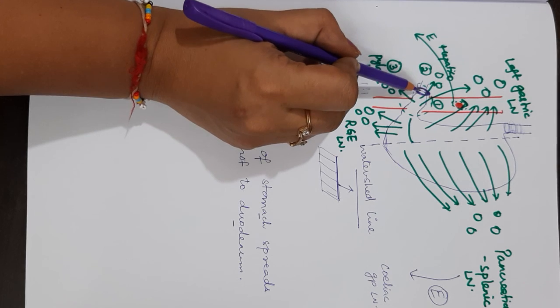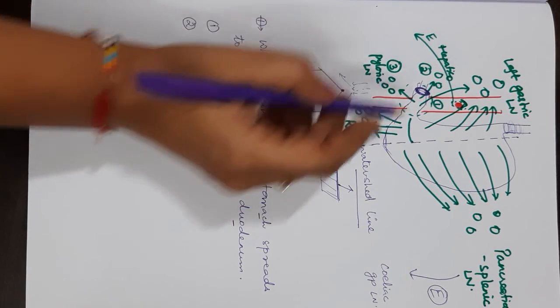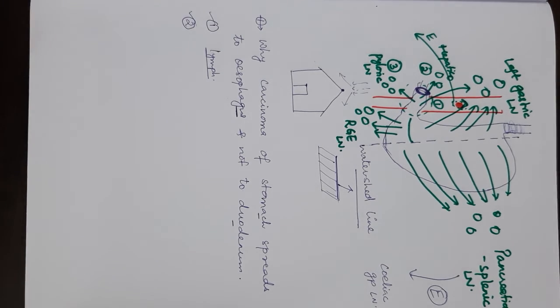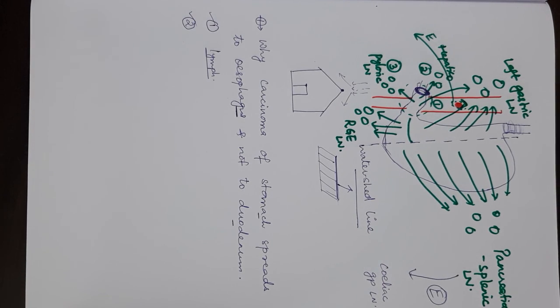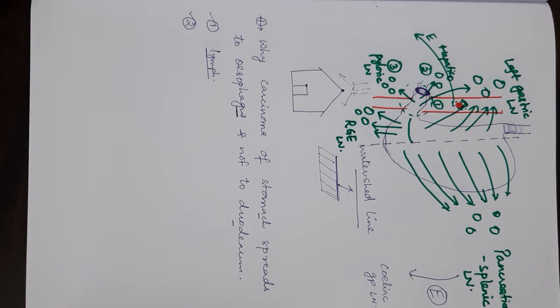So there is an anatomical discontinuity between the pyloric end of the stomach and the duodenum. These are the two reasons why carcinoma of stomach does not spread to the duodenum, but it spreads to the esophagus. So this was about the lymphatic drainage of the stomach.